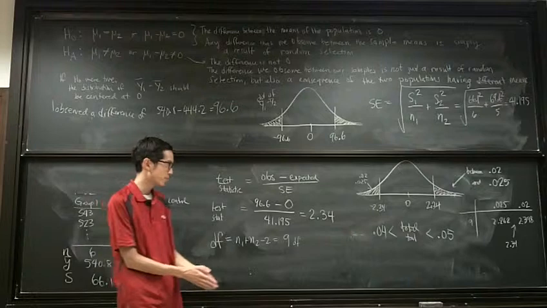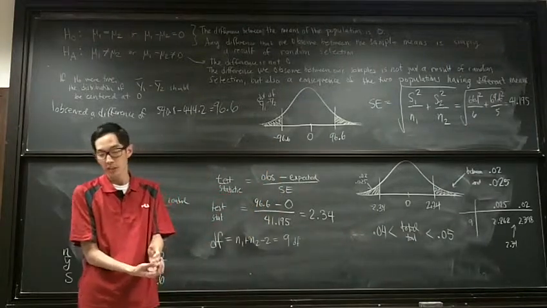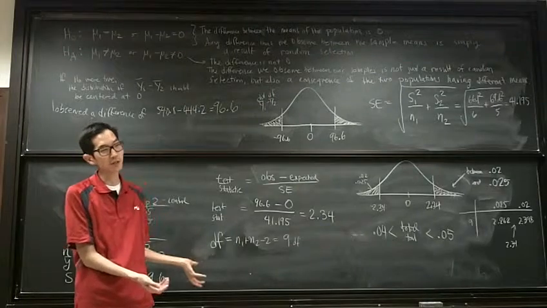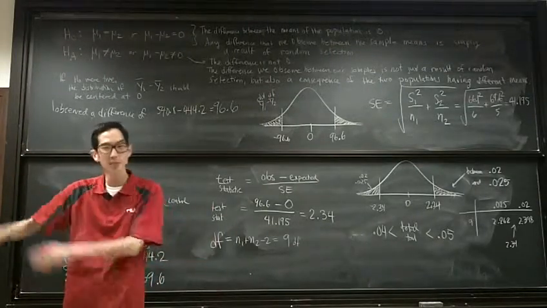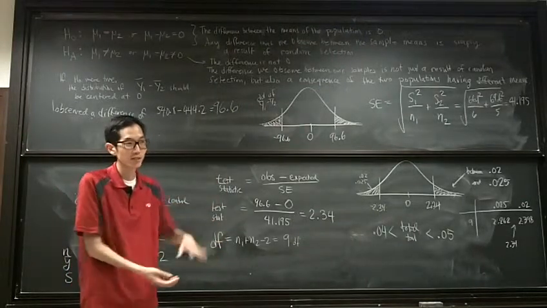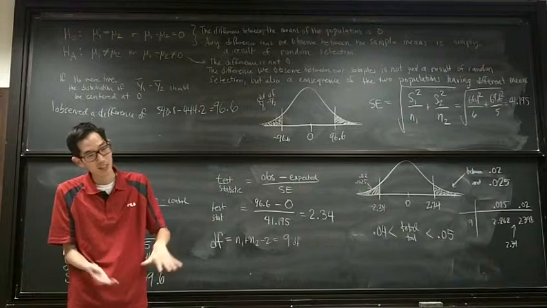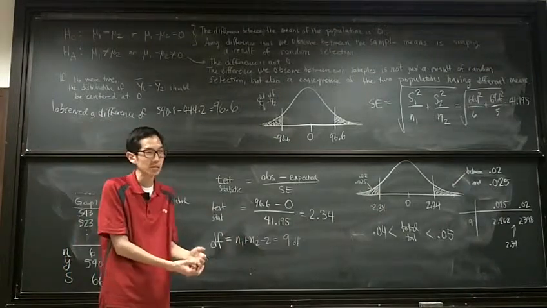We say if things are smaller than 5%, we're going to say, you know what, it probably didn't happen by chance, and something else is going on. If it's larger than 5%, we're going to say we can't eliminate the possibility that it happened by chance.